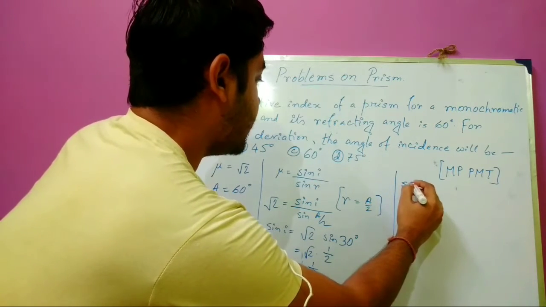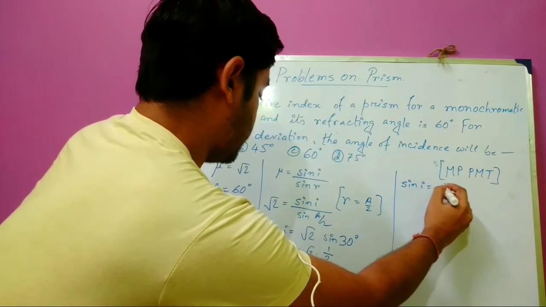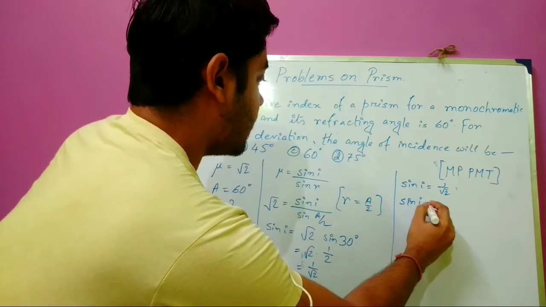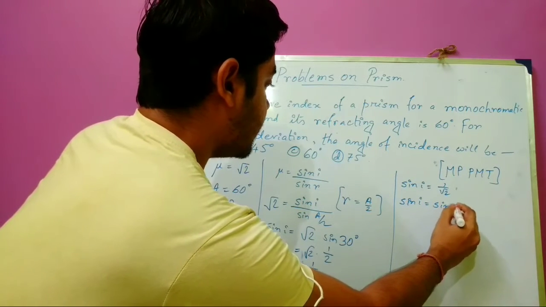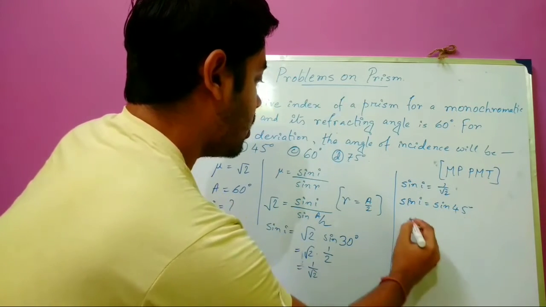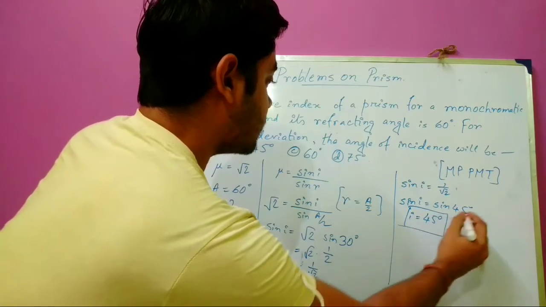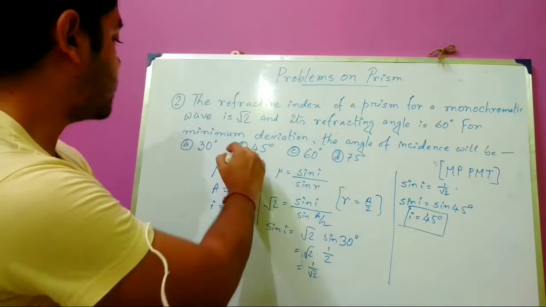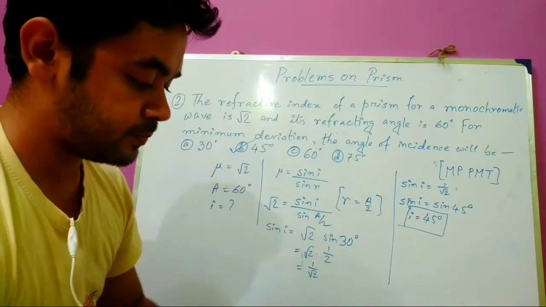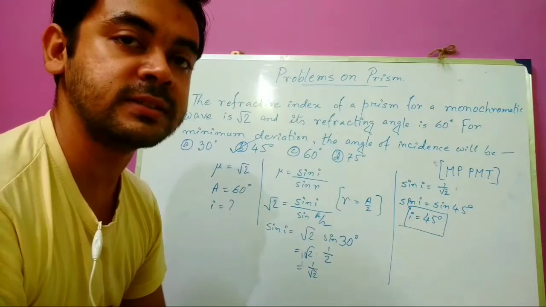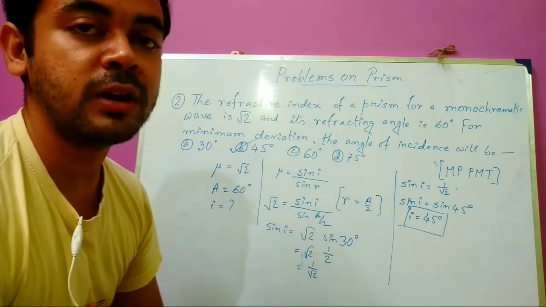So sin I is equal to 1 by √2, or sin I equal to sin 45 degree, or I will be equal to 45 degree. This is the angle of incidence. So option B is the correct answer. If you have any question, you can ask me in the comment section. Let's move on to the next question.